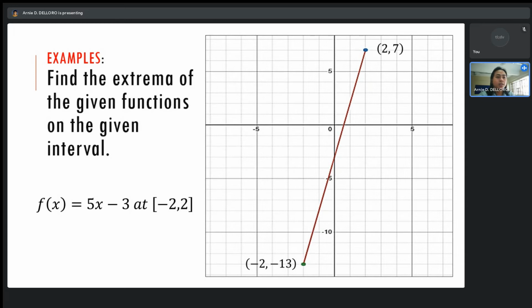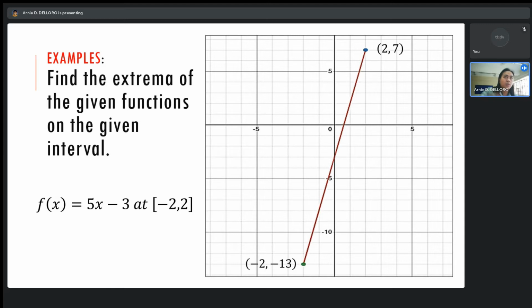Okay? So in this case, the maximum of f, or the function 5x minus 3, occurs at x equals positive 2.